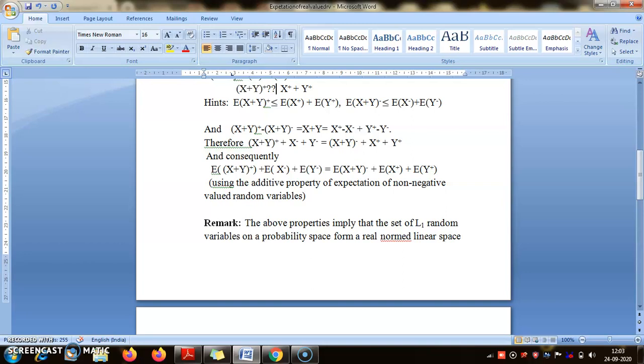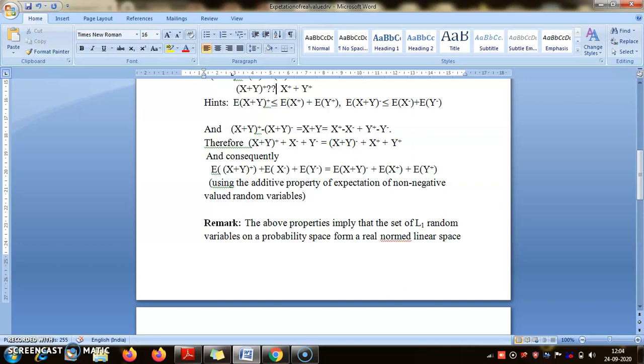If x plus y is positive, then you will get x plus y. But when x is positive, that part is x plus, and when y is negative, y plus is 0, so you will get a less than sign.